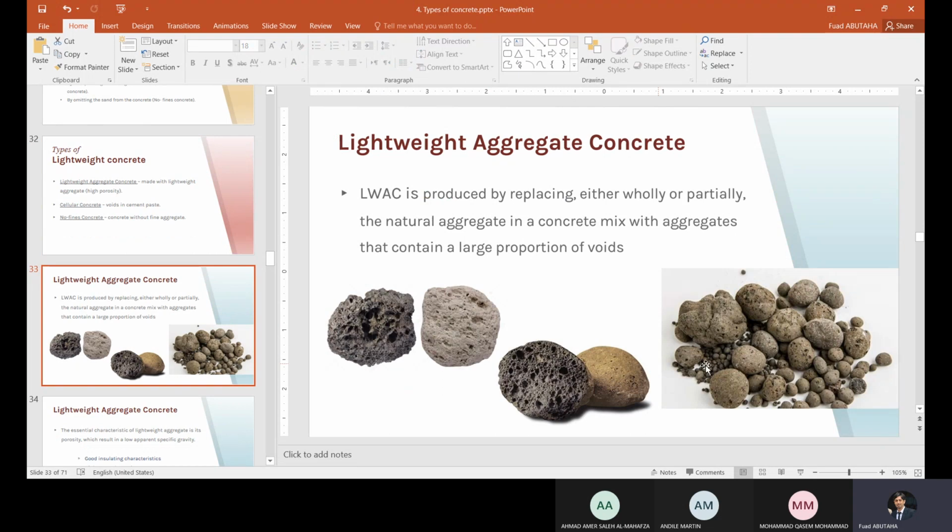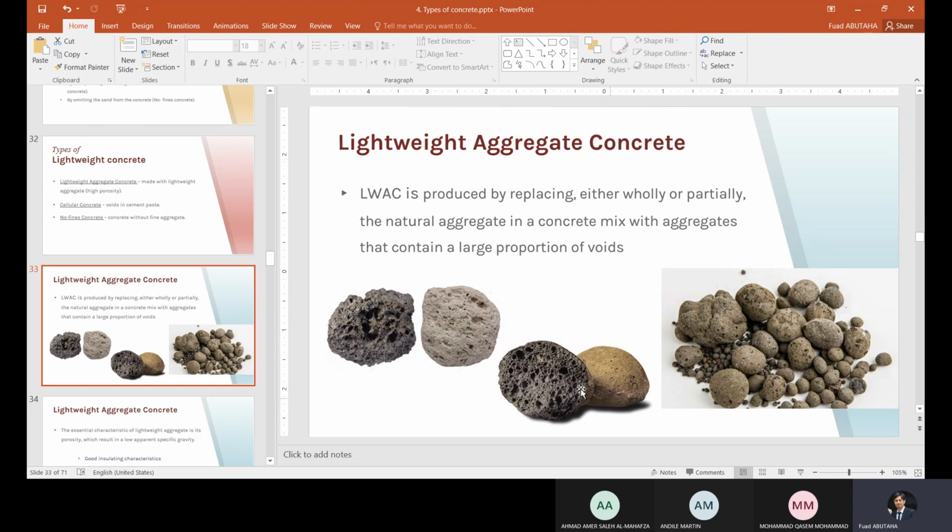So here is an example of the coarse lightweight aggregate. These are artificial or man-made coarse aggregates. We replace the normal aggregate with them, and this type of aggregate has so many voids and will be lighter than the normal aggregate, or normal weight.